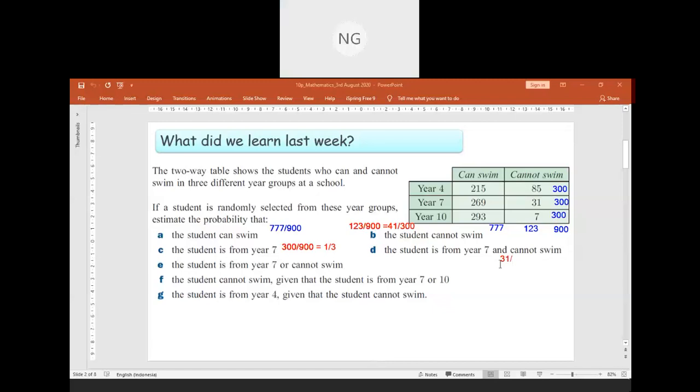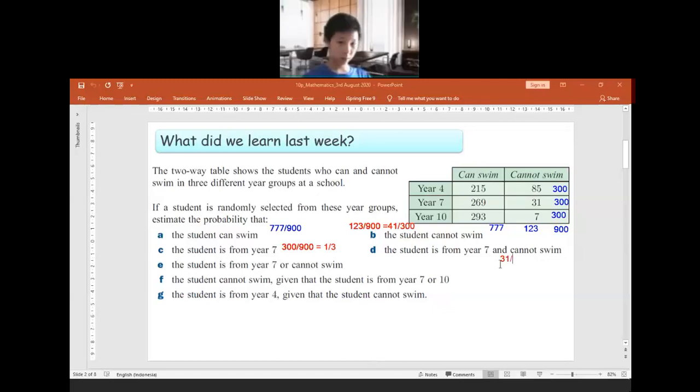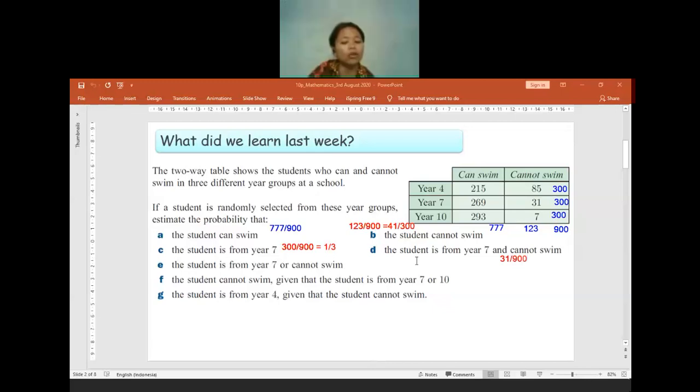It is 900, because it only says the student is from year 7 and cannot swim, not given that the student is from year 7. If the question said given that the student is from year 7, it would be out of 300. Because there is no given, it will be out of the total number of students, 31 out of 900.